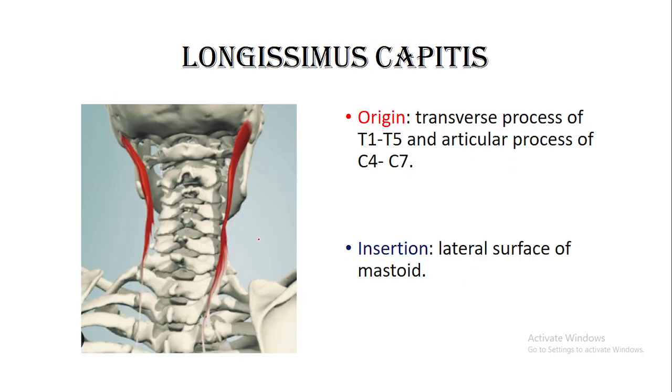Coming to longissimus capitis, it gets originated from the transverse process of T1 to T5 vertebrae and articular process of C4 to C7 vertebrae, and then it goes superiorly and gets inserted into the lateral surface of mastoid here. So these are the three muscles: the sternocleidomastoid, the splenius capitis, and longissimus capitis, which get inserted into the mastoid process of temporal bone.